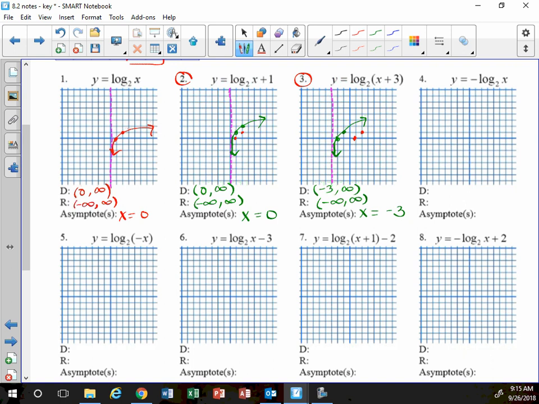Questions on that? All right, let's look at 4. What's happening here? Got a negative, so we're flipping. Is it out in front or is it in with the x? It's out in front, right? So that's flipping over the x-axis. That's like saying -1 times your log base 2 of x. So 1, 0, 2, 1.